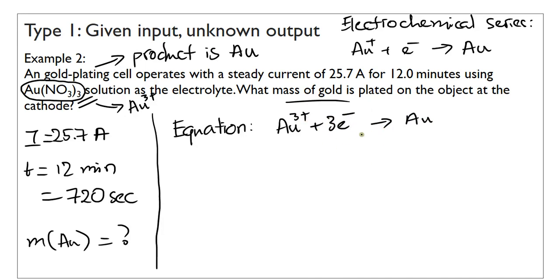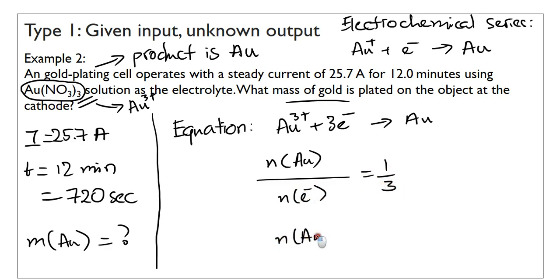So this is the equation, and it will give you a ratio between number of mole of gold to the number of mole of electron, and that's a 1:3 ratio, which is another way of saying that the number of mole of gold is a third the number of mole of electrons. Okay, everything else is very similar to example 1.